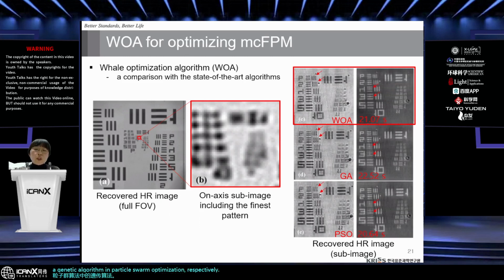The results show that at 100 iterations, particle swarm optimization exhibited slightly faster convergence compared to WOA by approximately 0.4 seconds. However, as seen in the right image, WOA demonstrated significantly better performance in terms of image quality compared to the other two algorithms.